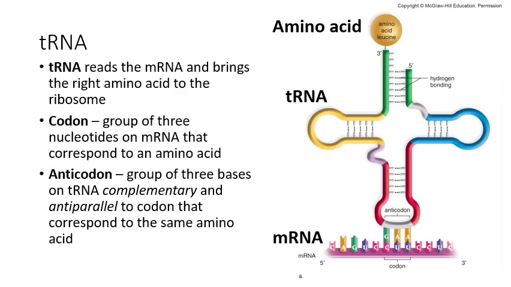Okay, but does anyone know off the top of their head how many types of amino acids there are? Like a lot. Yeah, there are 20 types of amino acids.